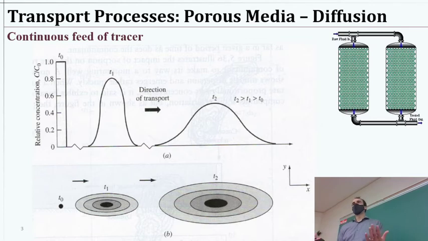And we would expect this to happen in just about any system. So when we talk about ideal reactors, this is something we often assume is not going on in certain cases.